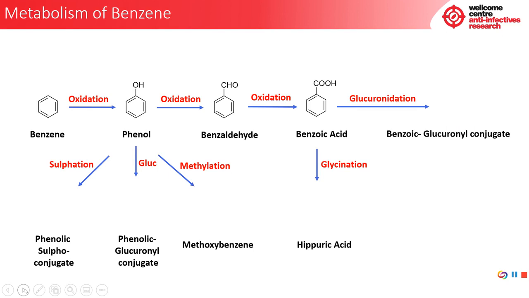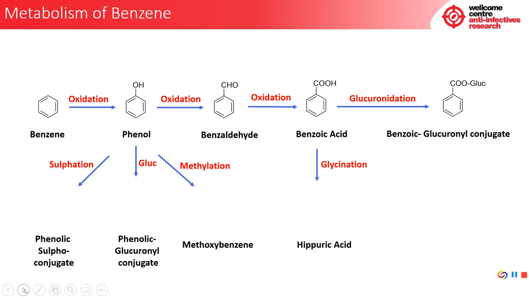The benzoic acid can undergo one of two reactions. It can be glucuronidated to give us the benzoic glucuronide conjugate, or it can undergo glycination to give us hippuric acid.